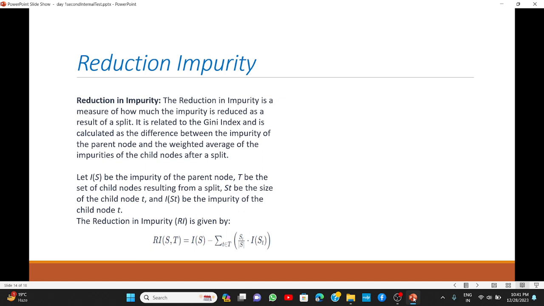Let |St| be the size of child node t and I(St) be the impurity of child node t. The reduction in impurity is given by RI(S, T) = I(S) - Σ (t ∈ T) |St|/|S| × I(St).